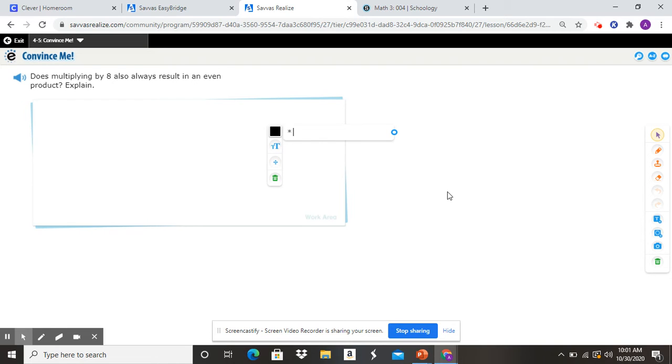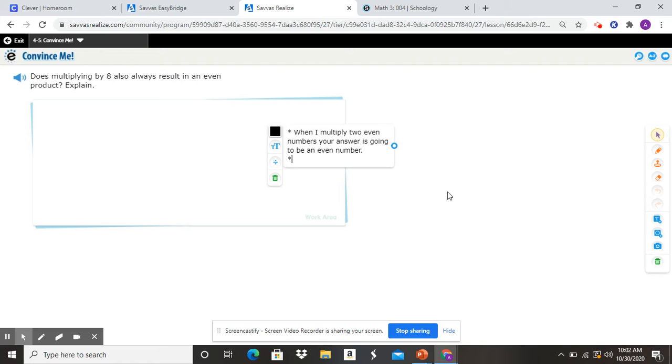So when you multiply two even numbers, your answer is going to be an even number, okay? So anytime you multiply two even numbers, your answer is going to be an even number.